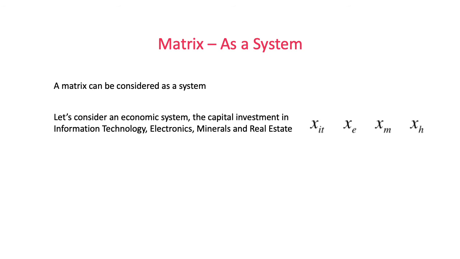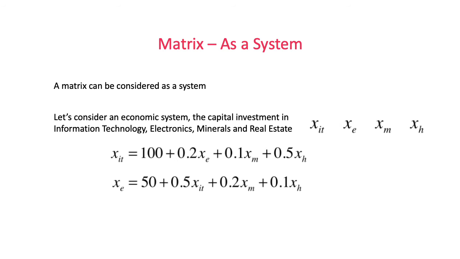Next, I will discuss the matrix from three aspects so as to provide a new perspective for you to understand the matrix. First of all, I will elaborate on the first perspective of the matrix, that is, see the matrix as a system. I will discuss in detail how to represent a system by using matrix.